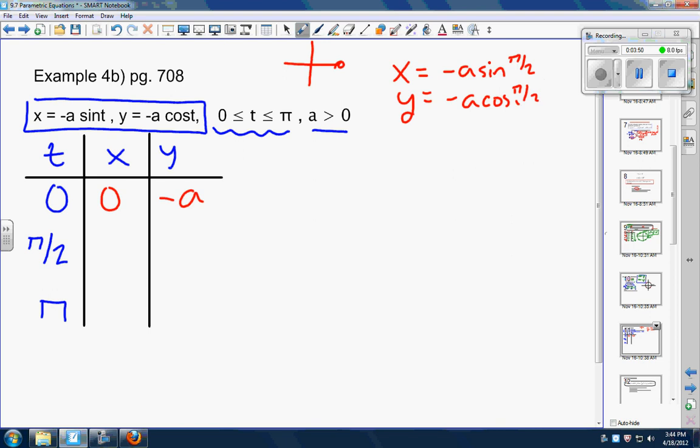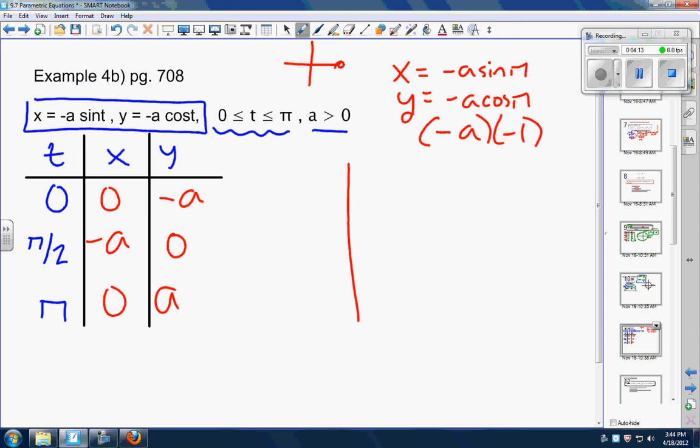Fill in our table, so sine of pi over 2 is 1. So negative a cosine of pi over 2 is a 0. Sine of pi is nothing. Cosine of pi is negative 1. So this is negative a times negative 1 goes to positive a right here.